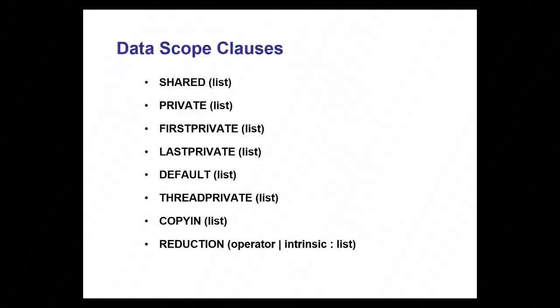Okay? And then the big part in OpenMP is the data scope clauses. Sometimes this is the difficult part, because the big problem in OpenMP is the data race. You have one copy of your data, and you want to do it right. You don't want threads to overwrite it and chase each other. So you need to carefully specify which part is shared and which part has to be kept private.